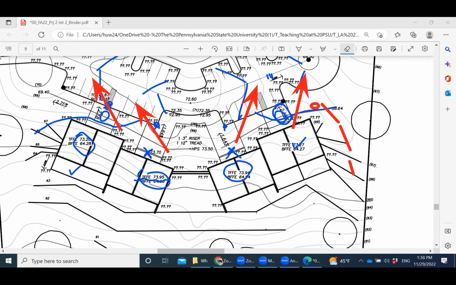You could create a swale going that way, but likely swales are not absolutely necessary features for this assignment. Does that make sense?